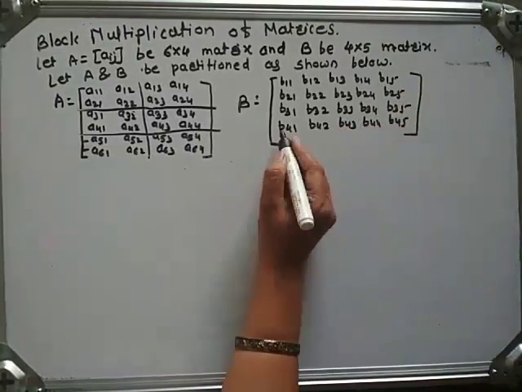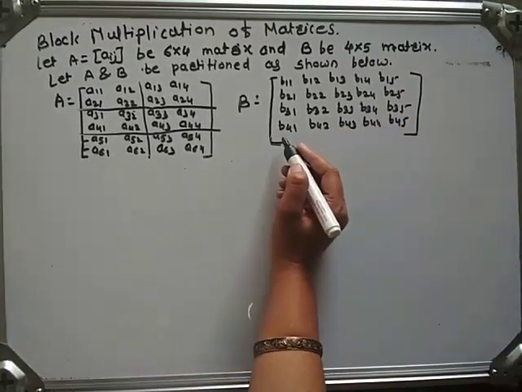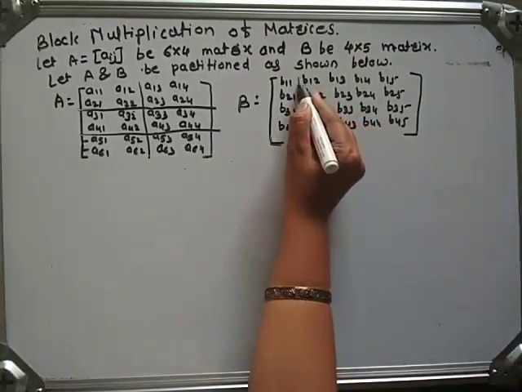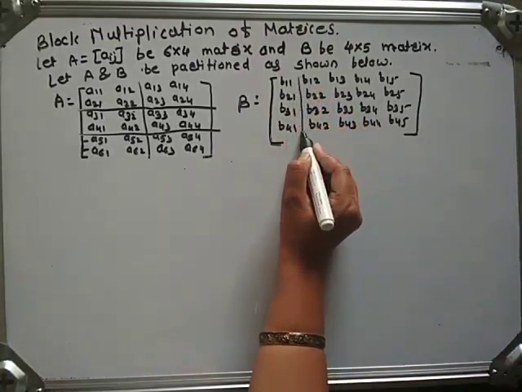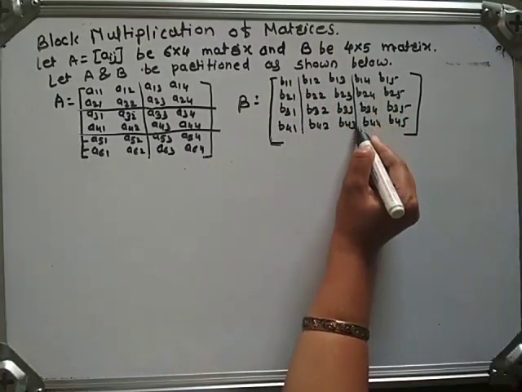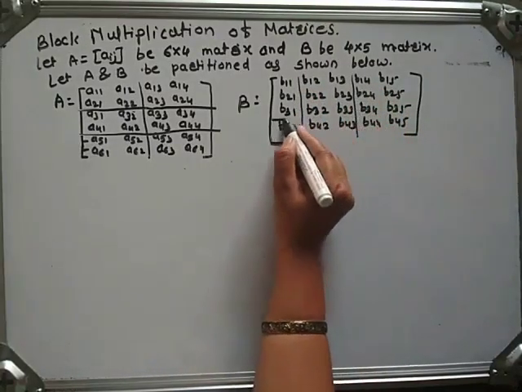This is matrix B. See here, this matrix is partitioned by drawing two vertical lines and one horizontal line.